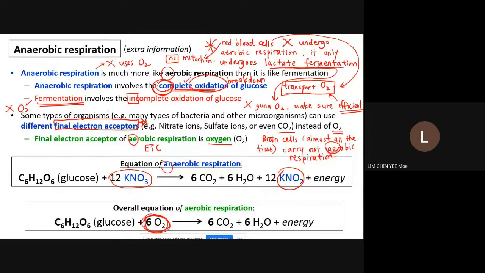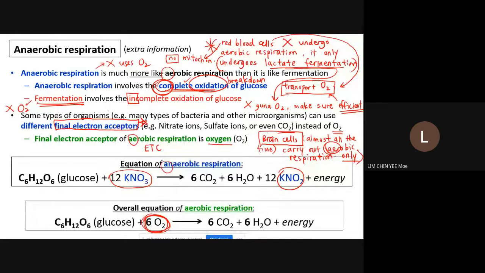That's why in Campbell, it says brain cells only carry out aerobic respiration. This is the opposite of red blood cells. Red blood cells only do lactate fermentation, whereas brain cells only do aerobic respiration. Just write it down somewhere in your notes so it's easy for you to know these two types of cells in our body.